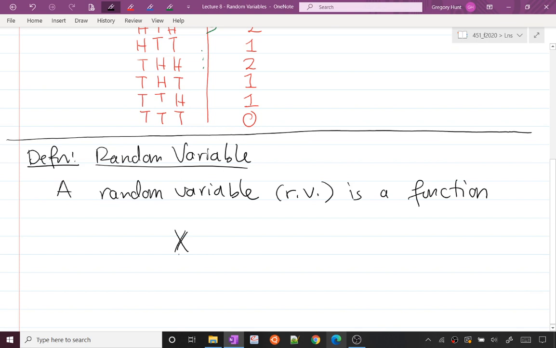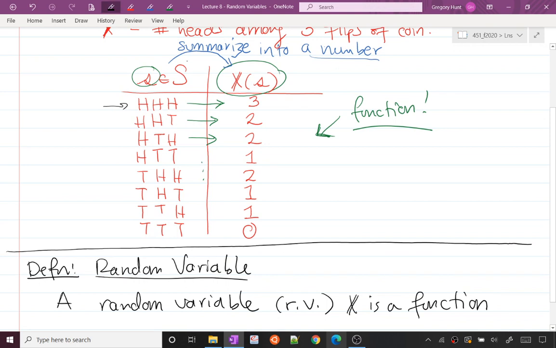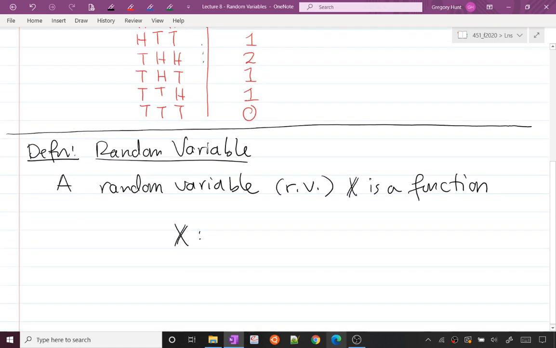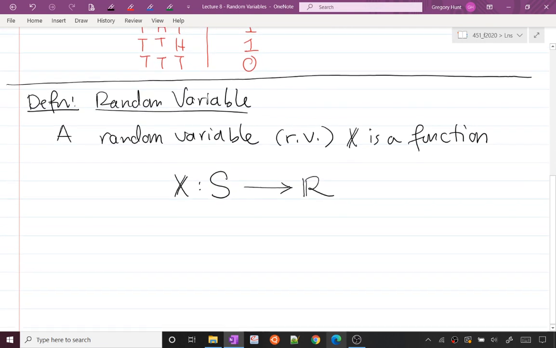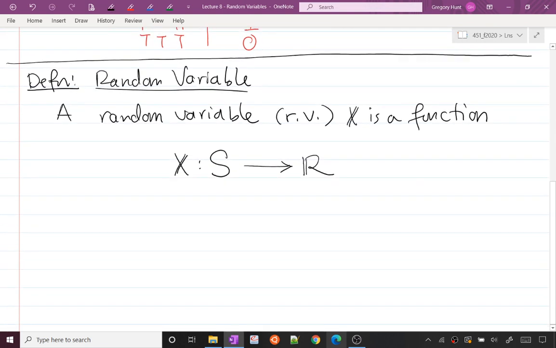We'll call it x, so a random variable x is a function. X is the name of the function, and what is the domain and codomain of my random variable? Well, I take in elements of my sample space, outcomes, and I spit out a number, in this case a real number. So my domain is my sample space S, and my codomain is the real numbers. So that's our definition of what a random variable is.